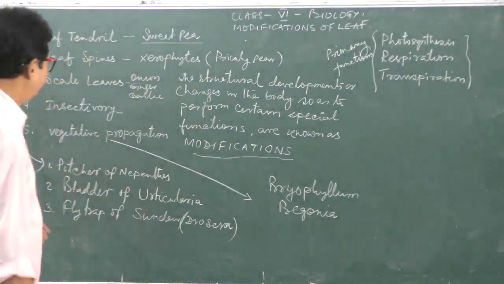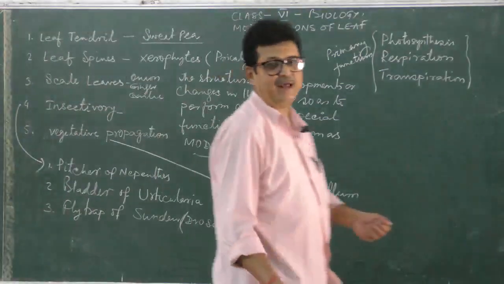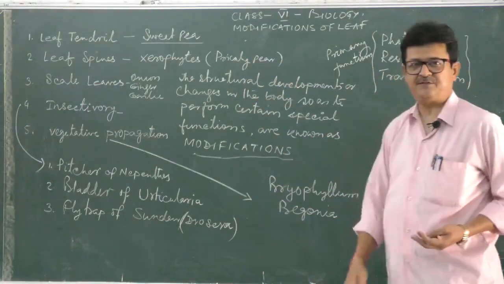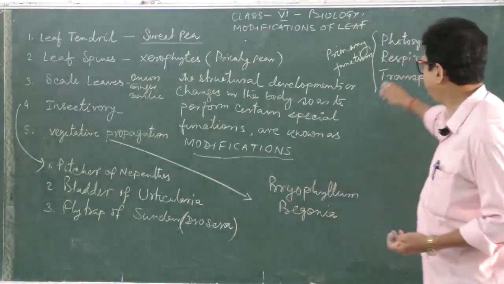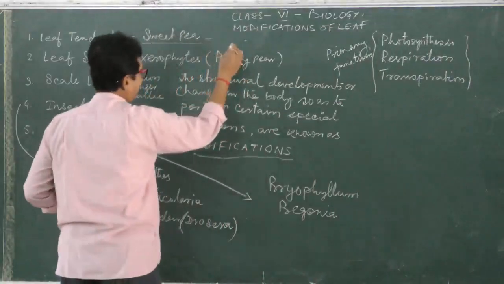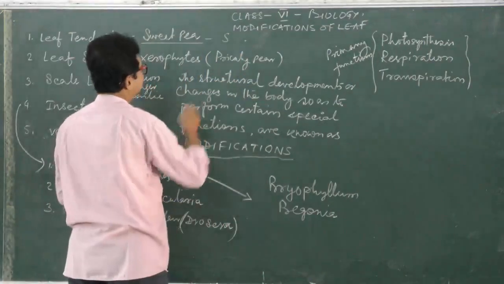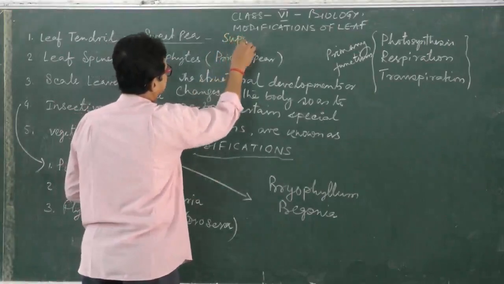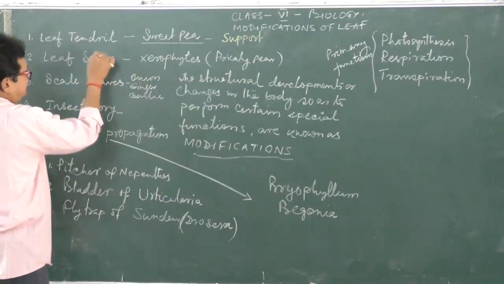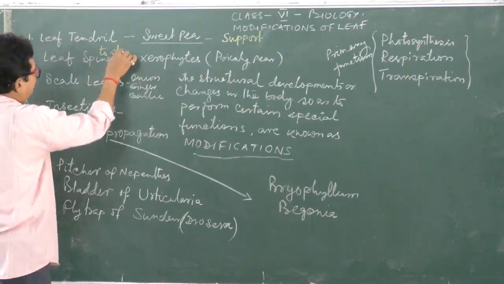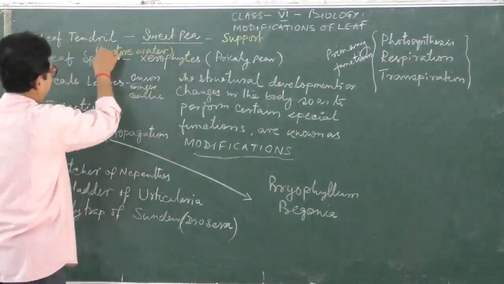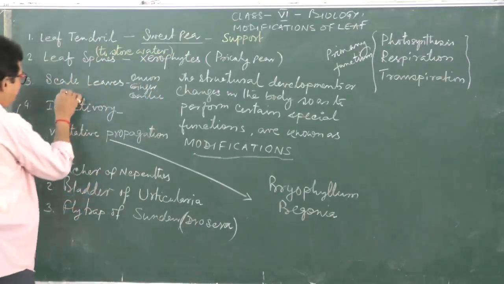These are the special functions we see from the leaves, and for that they are modified by their different parts to perform these functions. So, besides doing the primary three functions, they are able to climb and hold. Tendrils are for support. Spines in xerophytes are to store water. Scale leaves, protection of buds.